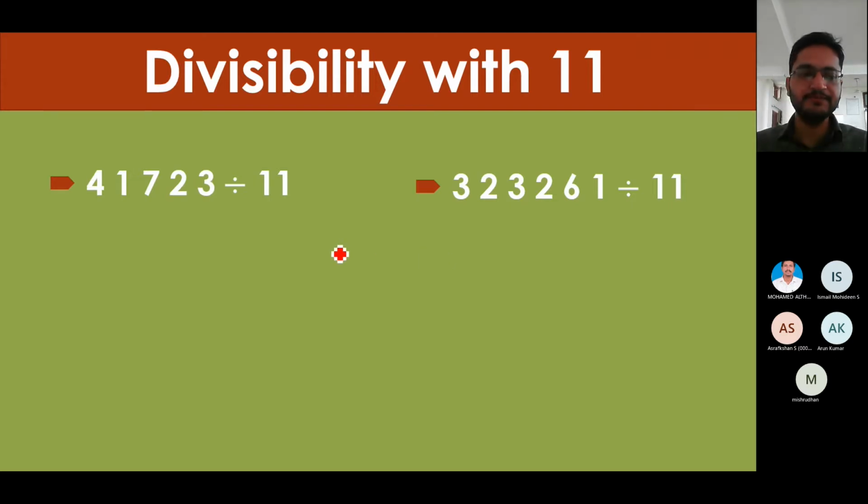Now one more question. 6, 1, 7, 2, 3. Now this number as it is, 4. Now 1 minus 4, that is minus 3. So I will take 1 from this 4 and this will be 3, and I will write 1 in front of 1.